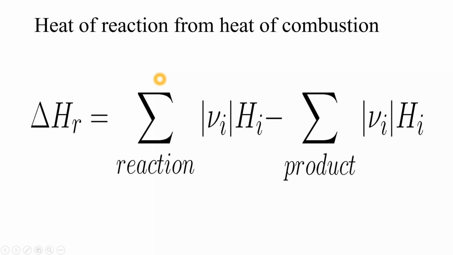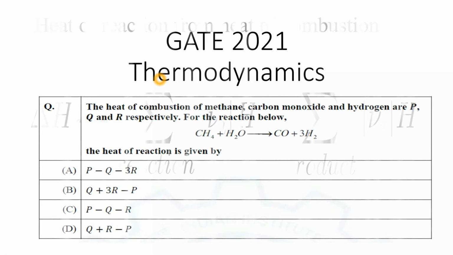Since in heat of combustion we will write this equation, how can we write it? CH4 will be combusted into CO2 and H2O, right? And H2 plus half O2 gives you H2O, right? So these will be combustion equations. This is the reason why we write the combustion equation for the heat of reaction terms.